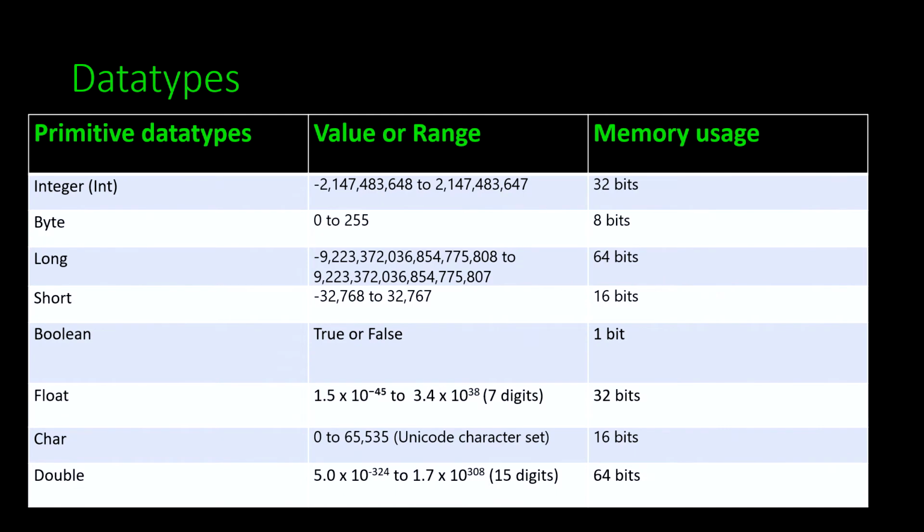Here are the primitive data types found in C#. As you can see, on the left we have the names of the data types, and in the middle column we have the values or the range of them. You can see some are numeric whilst others are not. On the right-hand side, we have how many system resources the data type takes.